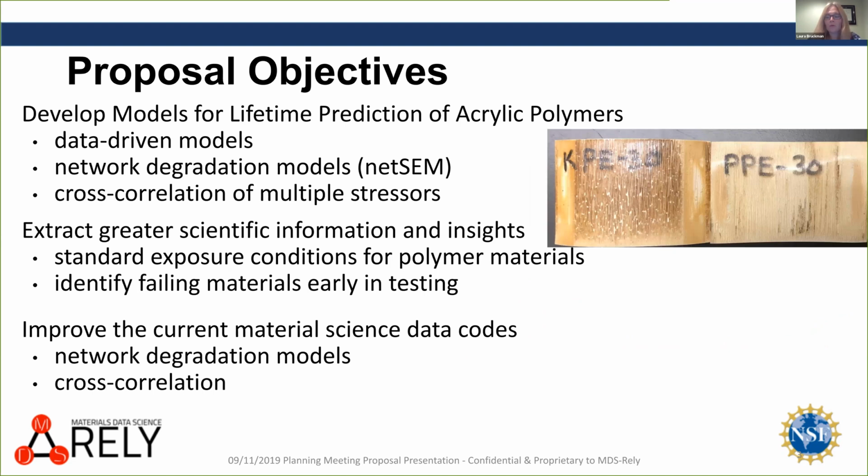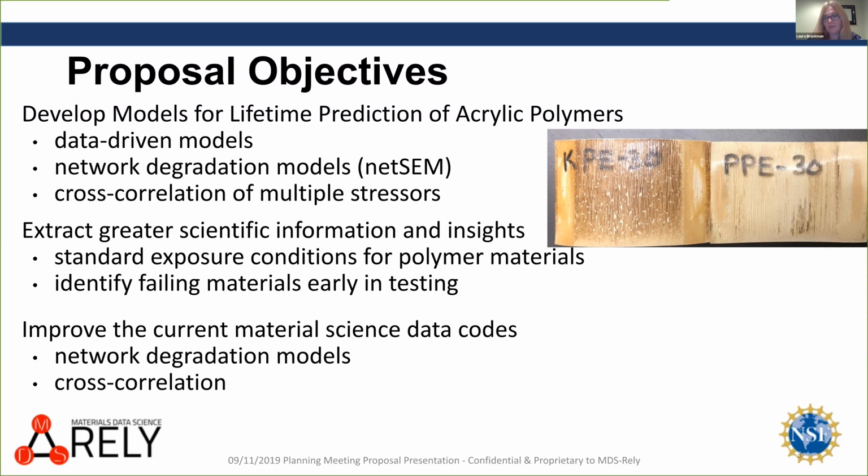So what we want to be able to do is develop models for lifetime prediction of acrylic polymers. I've decided on acrylic as a good proxy material for doing these studies and looking at service lifetime prediction, but the IAB could change this polymer if there was consensus that it was a more interesting polymer for the group.